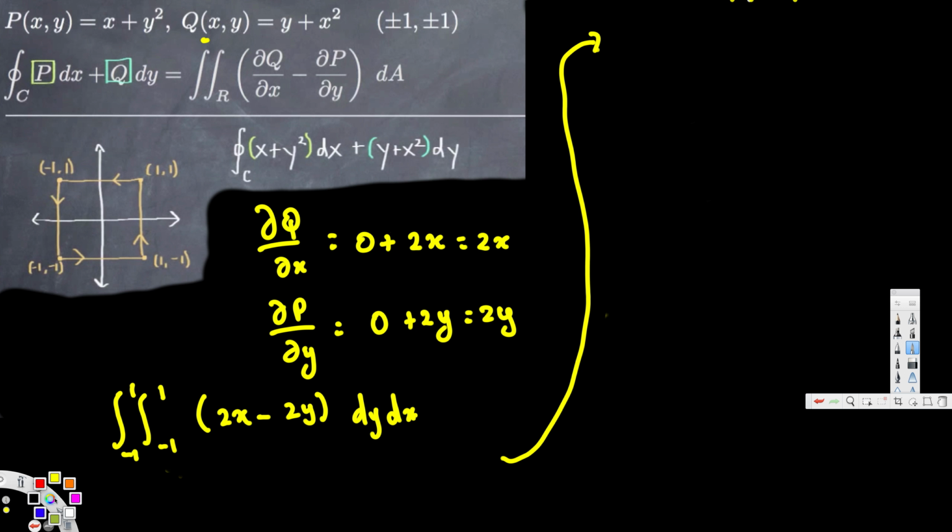First we do the integration with respect to y. Inside it is going to become 2xy minus y², going from negative 1 to 1, and then we have the outside integration with respect to x.